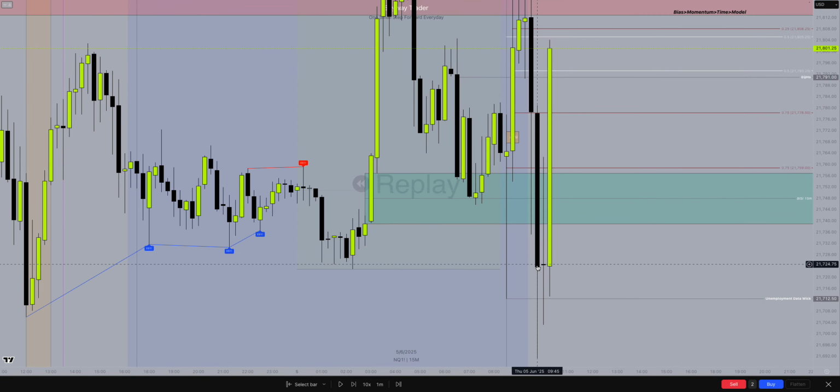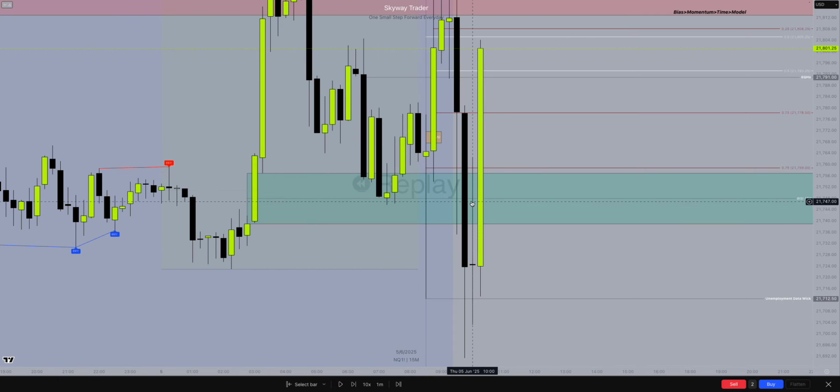So technically, when this happens, bearish bias, and that's where all this gets a little tricky. Being on the lower time frame, I was going against higher time frame bias here when we swept this unemployment data wick. I know we had data wick up top.